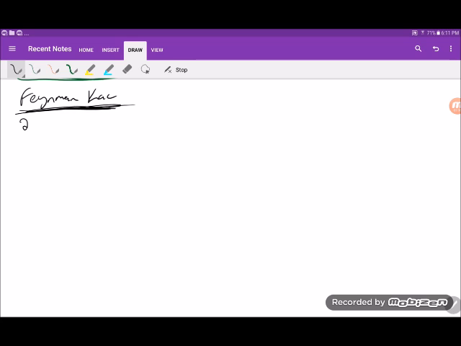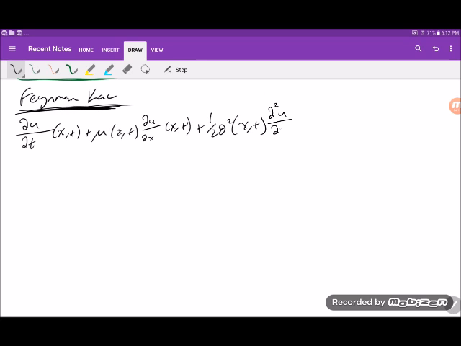So when we have a parabolic PDE of the following form, plus 1/2 sigma squared x t, and also with some terminal condition.